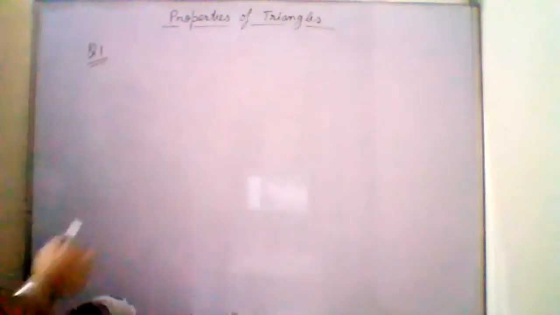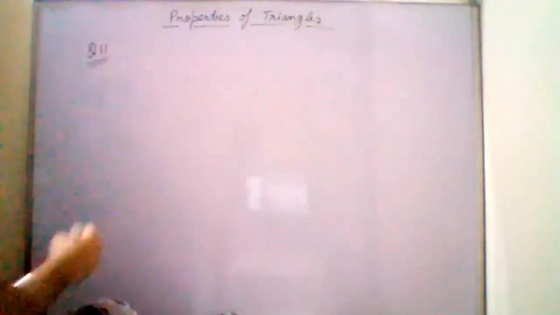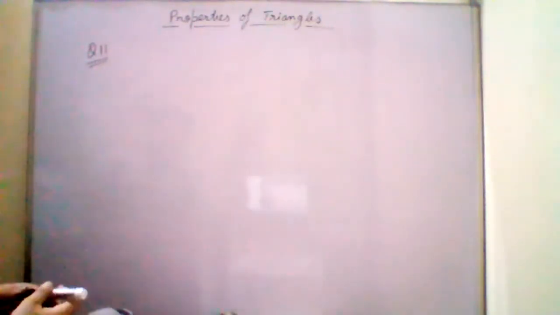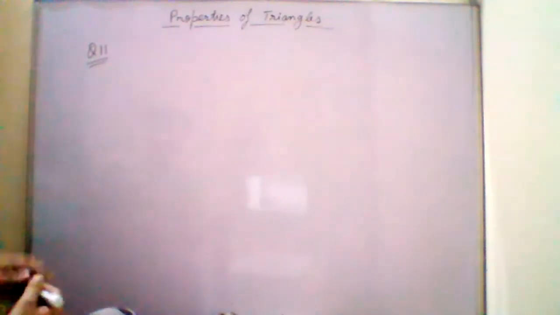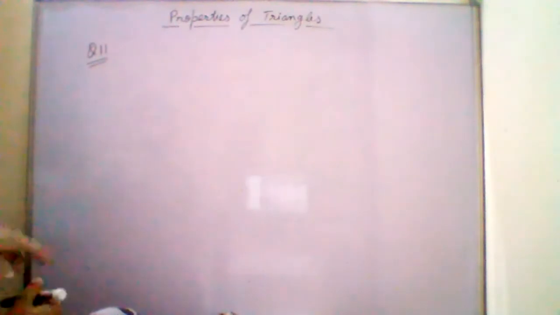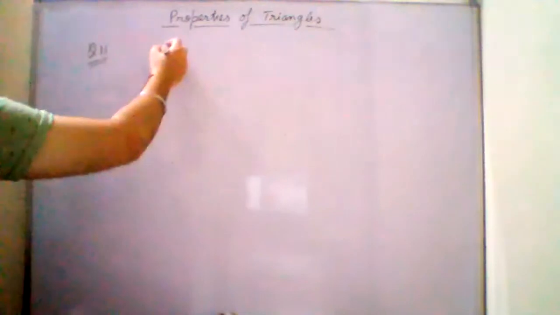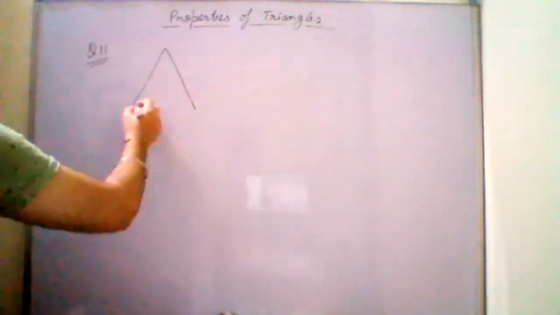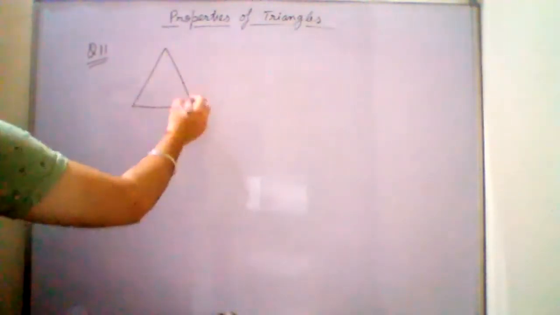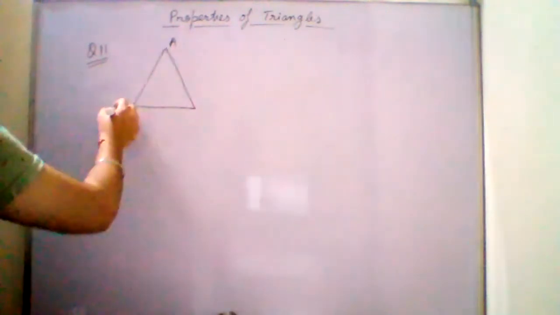Question number 11. This question says, what is the measure of each angle of an equilateral triangle? So you have to consider an equilateral triangle and find the measure of each angle. This is a triangle ABC.